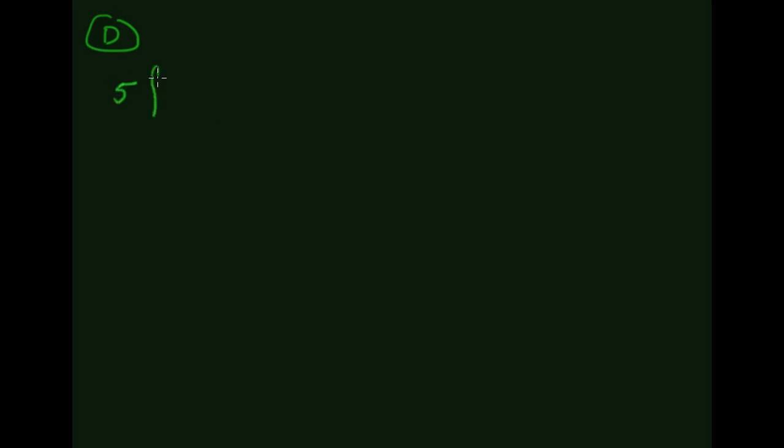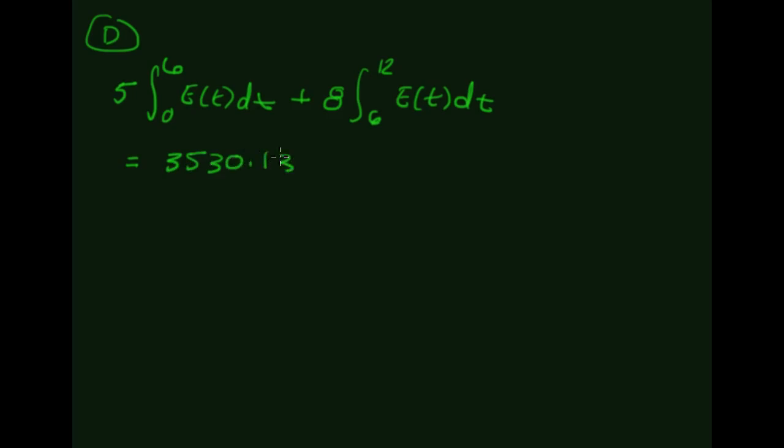So you're taking $5 times the integral from 0 to 6 of E of t dt, plus $8 times the integral from 6 to 12 of E of t dt, which when you throw that in the calculator comes out as approximately 35.30 and some change. So the nearest possible dollar would be 35.30.